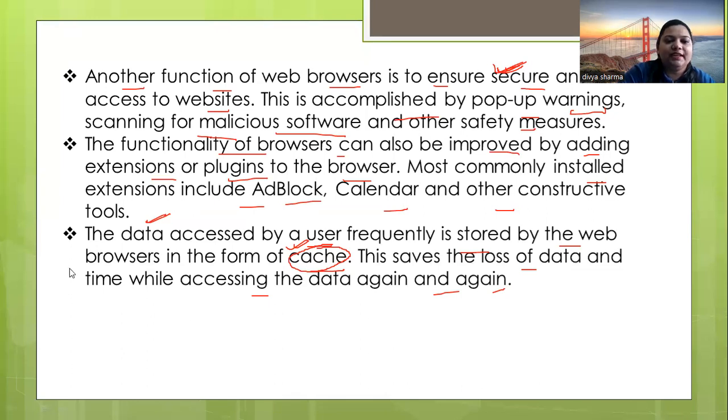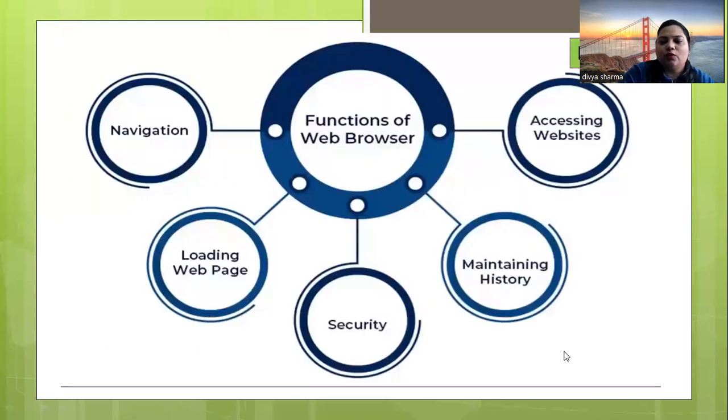Now move to the next slide. We have seen what the functions of the web browser are. First function is accessing websites. By using a web browser, you can easily access any website, and a user can access multiple websites at the same time. Second one is maintaining history. This is very important.